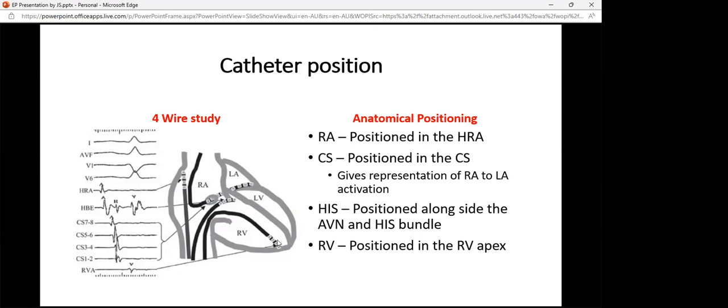Now, if I'm pacing down here at the RV apex, and my signal is going through the ventricle, through the AV node, it will usually activate CS proximal first. But in this instance, I'm pacing the ventricle, and the CS distal is getting activated first, meaning that my signal is hitting the atrium somewhere around here, far away from the AV node.